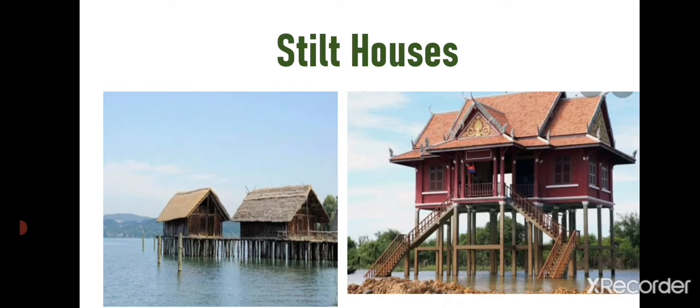So when flood water comes, it does not enter into the house and people stay safe and dry from flood water. These kind of houses are mostly seen in Meghalaya and Assam.